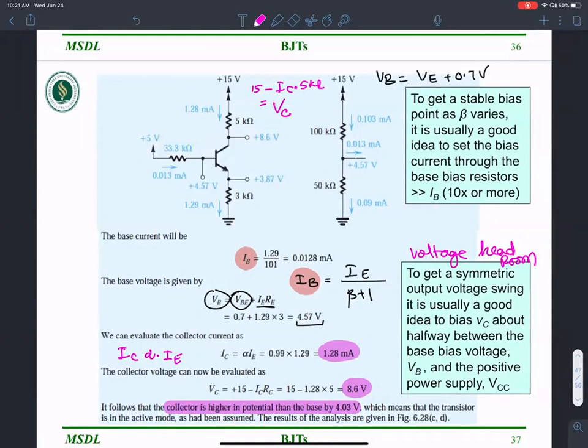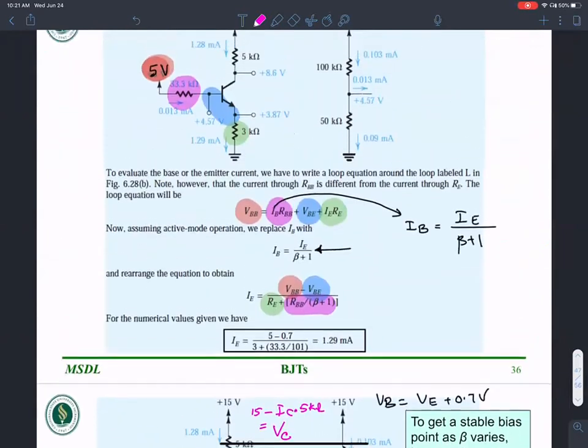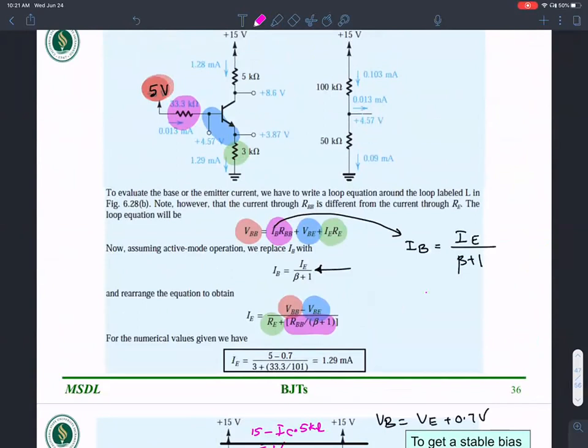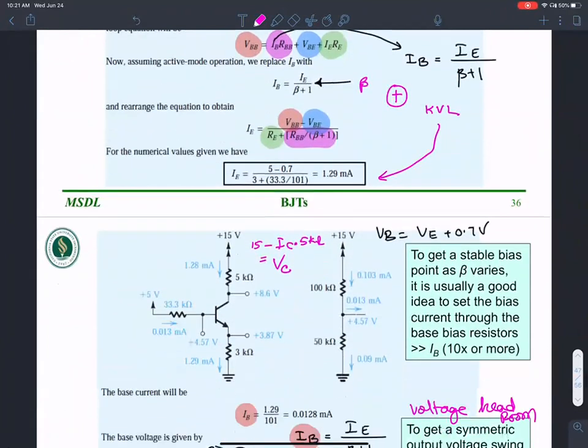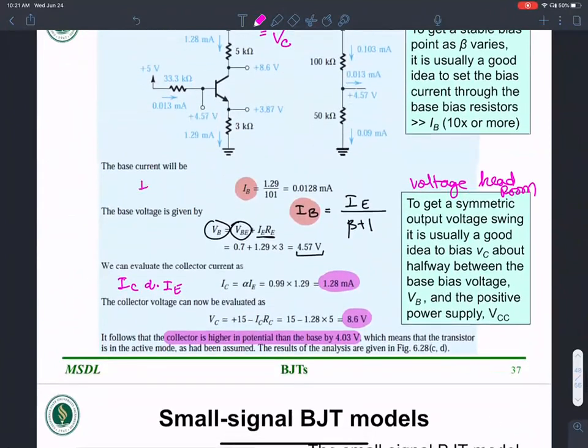All we have done here is simply do KVL. Once we have KVL, the direct result of that is right here. And in order to simplify the equation, we just had to use beta. KVL in conjunction with beta gave me the value of IE. That's all I needed. Once I have IE and beta, I should be able to calculate IB.